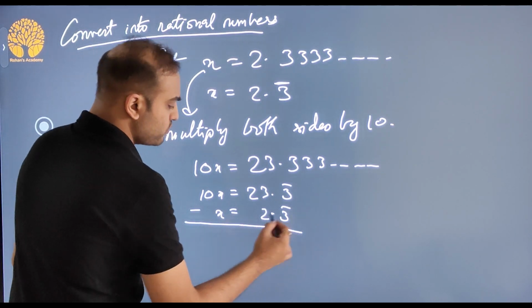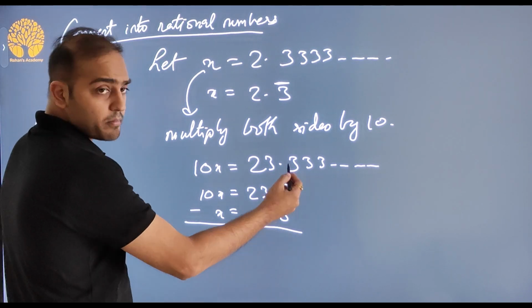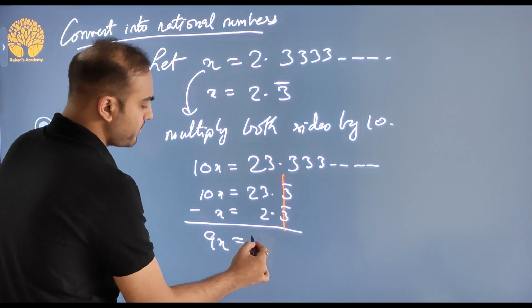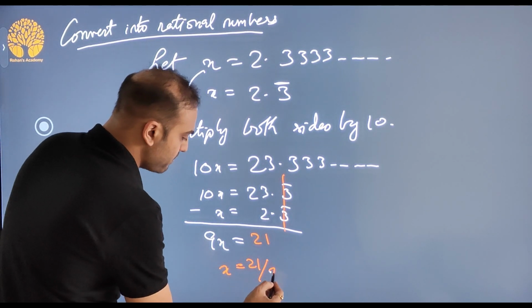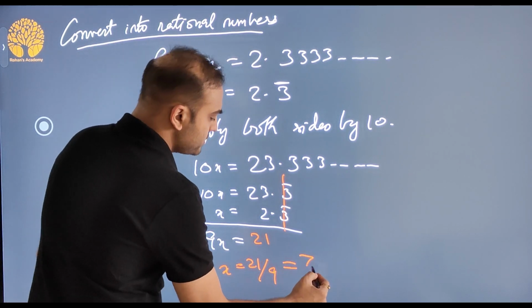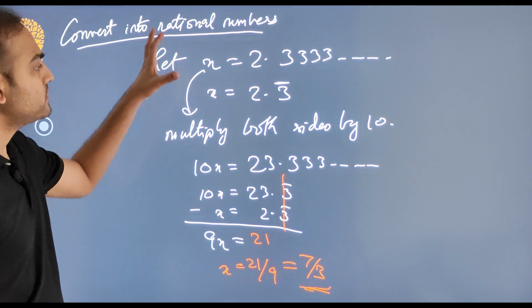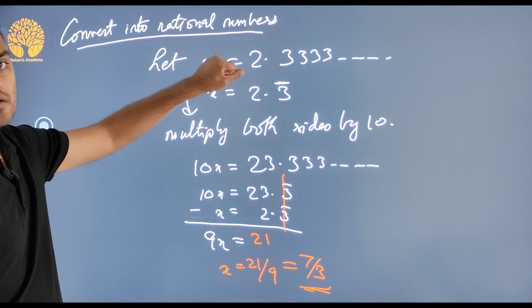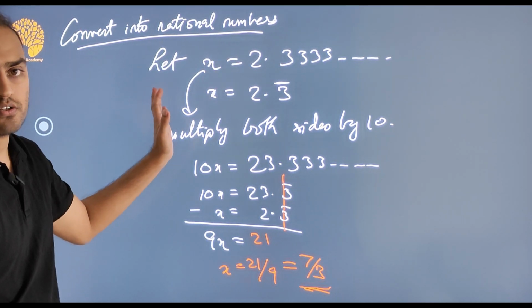If I subtract, I get 9x as 21, the 0.3 bar cancels out, right? 23 minus 2 is 21. I get x as 21 by 9, which is 7 by 3. Okay, so this is the theoretical way of converting non-terminating recurring decimals to fractions.